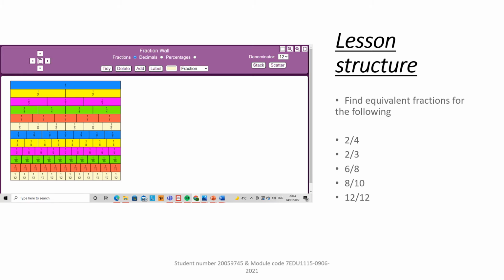Then I got a ruler. I counted the 2 tiles, so it's 2/4. I wanted 2 of those tiles. I placed my ruler at the edge of the second tile, and I instructed them to visually have a look for me and see if they can see any other tiles that line up to the edge of that quarter.